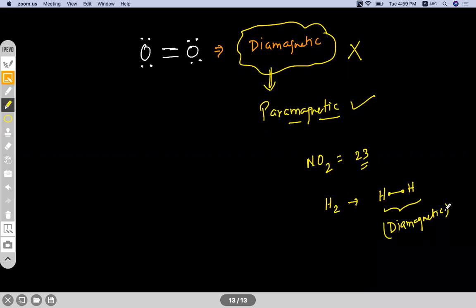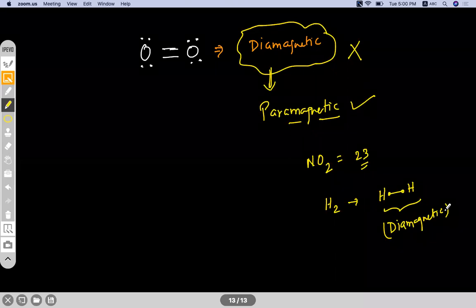Property is what? A paramagnetic molecule has unpaired electrons, and when it is placed in a magnetic field, it is weakly attracted towards the magnetic field. So it experiences some force in the presence of a magnetic or electric field. Force can be attractive or repulsive in nature, right? But if the molecule is diamagnetic, then there is no effect.